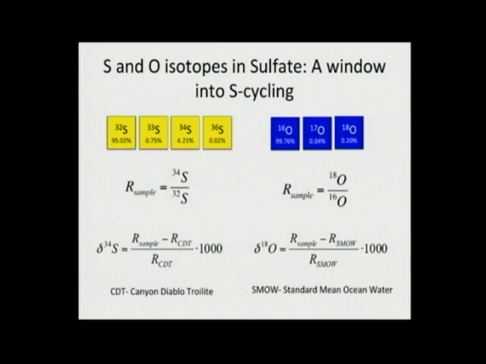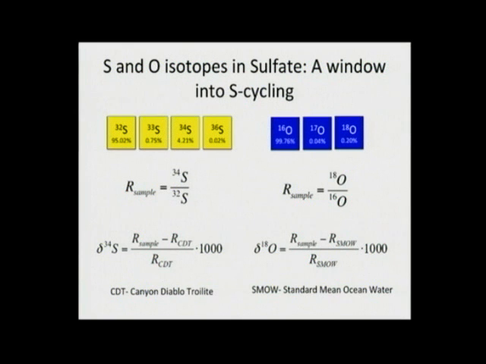So as I told you in the beginning, the main tool that I'm using is the sulfur and oxygen isotopes in sulfate. And when I'm talking about oxygen, most of the time it will be the oxygen in the sulfate itself. So in sulfate we have sulfur and 4 oxygens, just to make it clear.